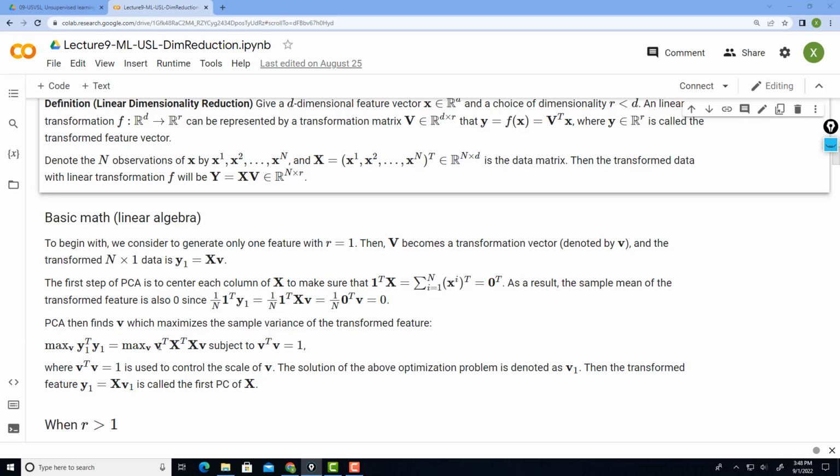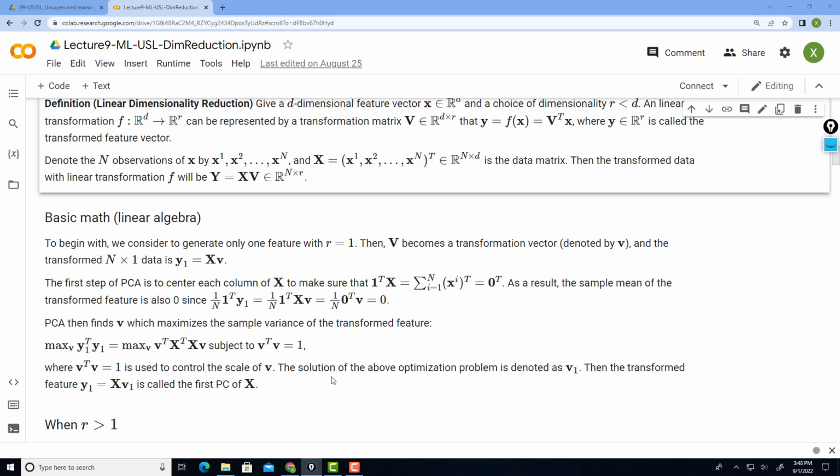There are a couple of important things we need to introduce to have a unique solution for the principal component direction, or the projection operator V. One important constraint is to make sure V transpose V is equal to 1, which is also known as the orthogonality constraint.